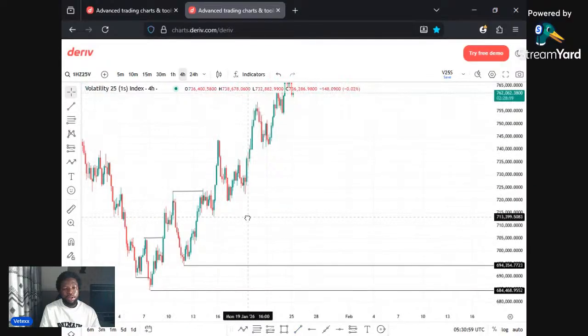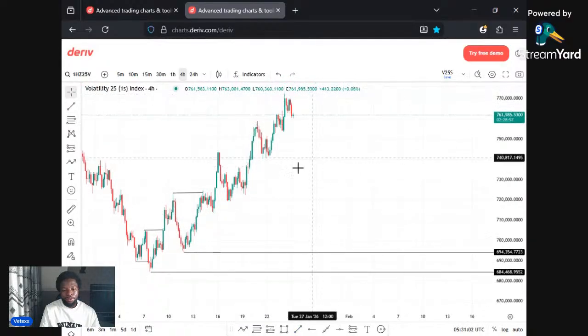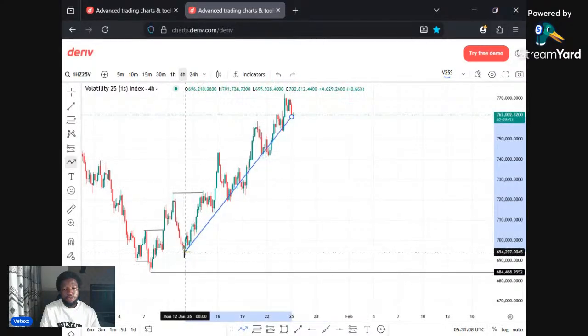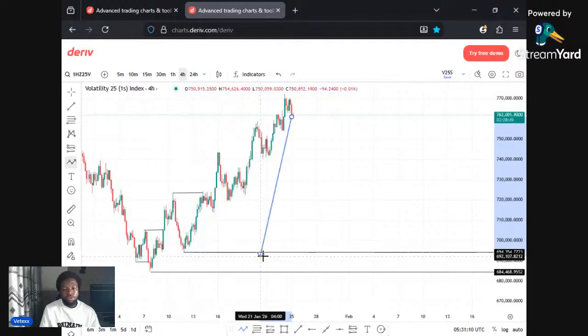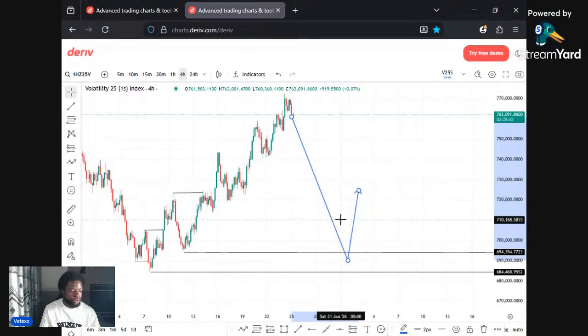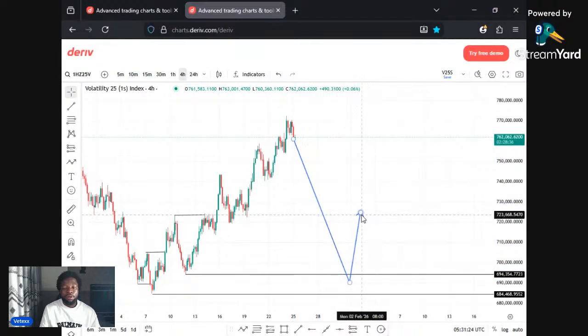Now, what you're anticipating is rule number five, which is price needs to come take out this structural liquidity, which is used for the continuation, and continue its move in the opposite direction. When price starts going in the opposite direction, it's going to give us continuation structure on the 15 minutes time frame, on the 10 minutes time frame, and on the 5 minutes time frame until it takes out this high here.